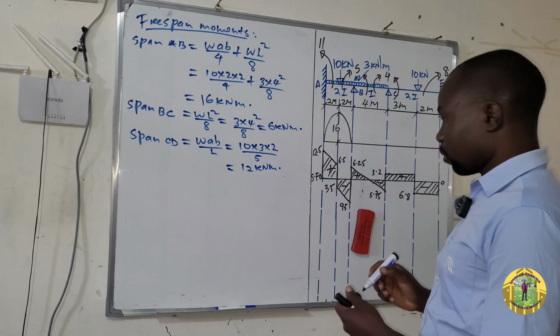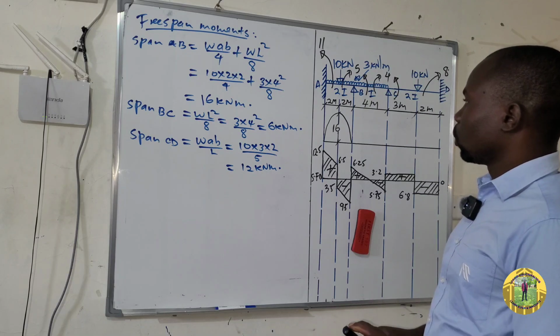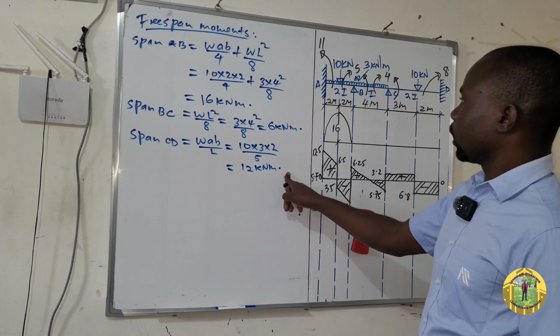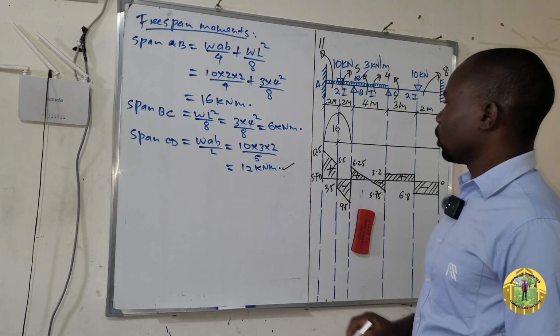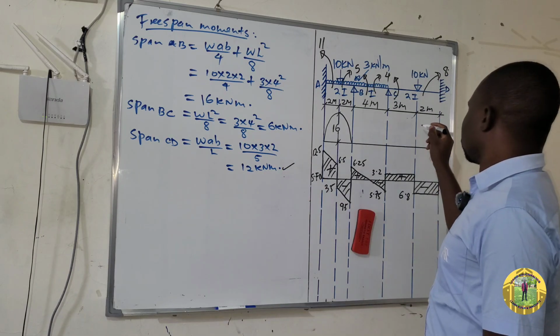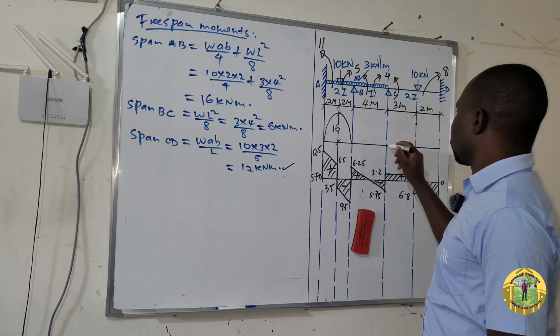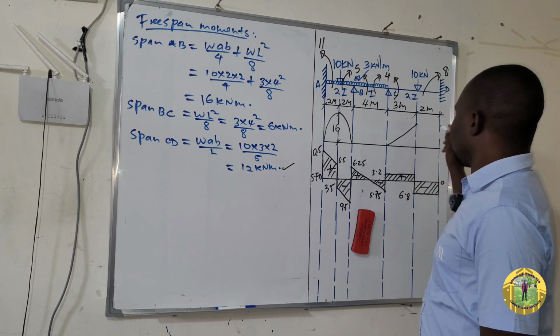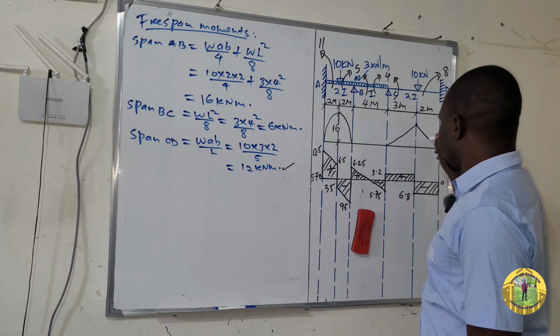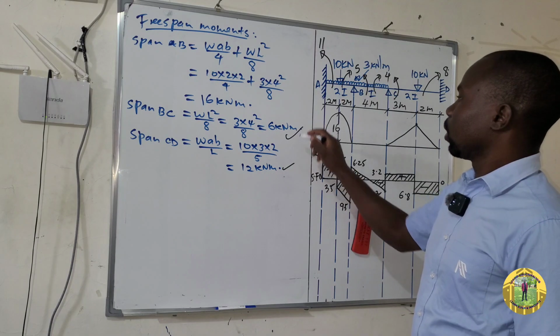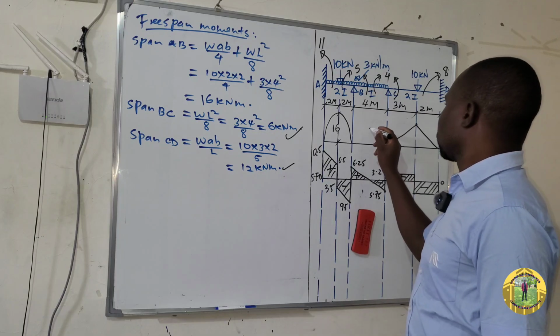Like that. And then we come to this one, span CD, which is the second highest with 12 kilonewton meter. So it's somewhere like here. This one will be a triangle like this, and then BC is 6.